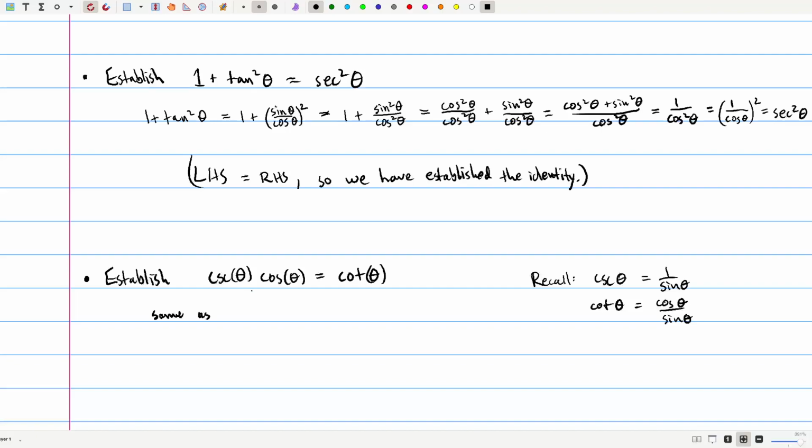So let's plug these in. Cosecant is 1 over sine, and cotangent is cosine theta over sine theta. And both sides are the same. So it's established.